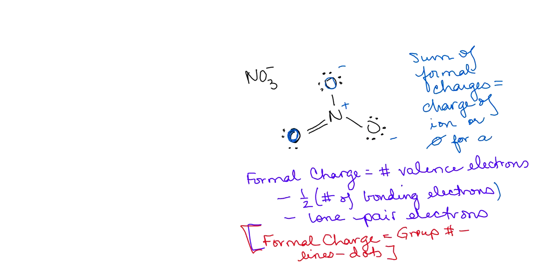In this case, the sum is -2 plus 1, so the sum is -1, which is what we see here. So that's how we calculate formal charges, okay? And it's useful when we get to resonance. So let's talk about resonance next.